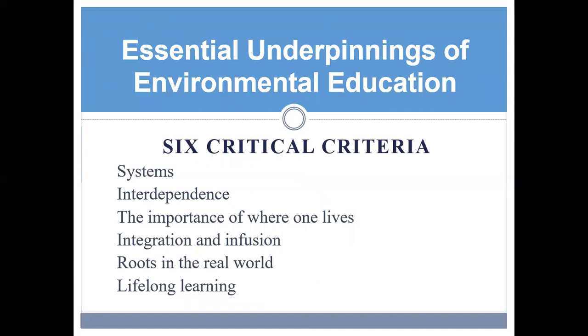So you'll see these themes throughout each of the sets of guidelines, and those are really using systems thinking and thinking in systems, interdependence between the human and the natural environment, being place-based and really thinking about the importance of where one lives, integration and infusion, and this is really about how do we integrate into multiple disciplines, how do we infuse environmental education into different settings, how do these apply no matter where we are and what we're doing.